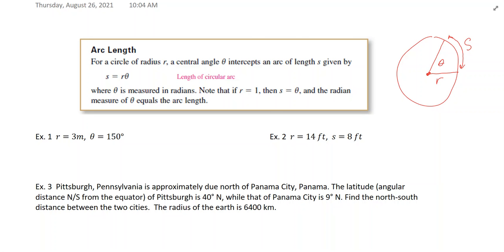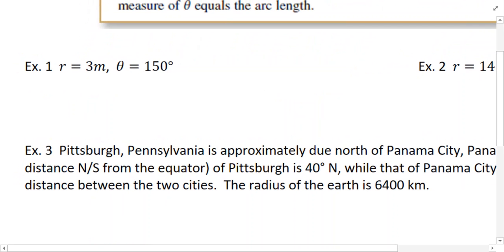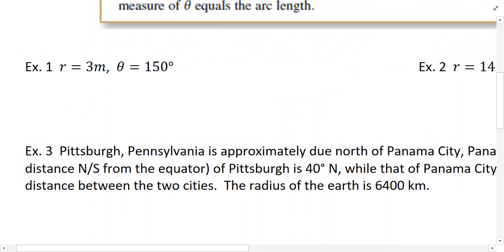I think most everybody knows how to do this, but let's practice a couple of these examples together. Make sure you've got something to write on. The first example has a radius of 3 meters and an angle of 150 degrees, and I want to know the arc length.